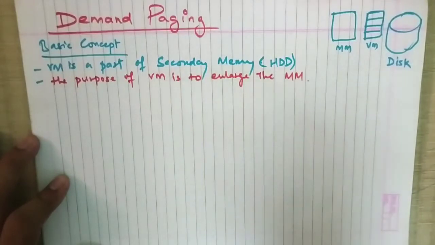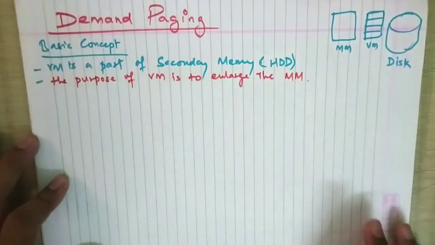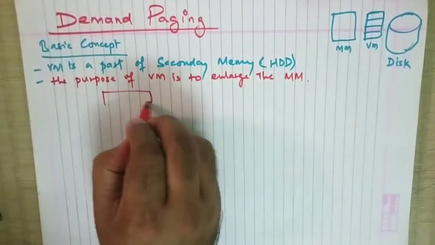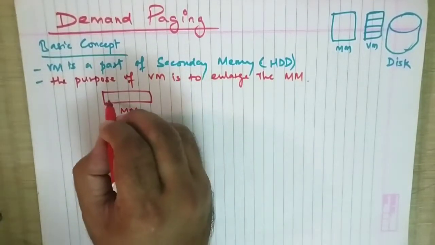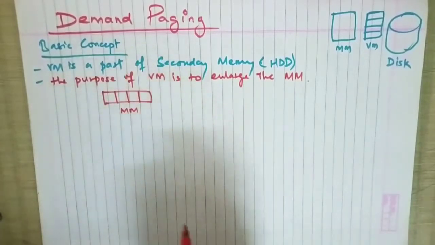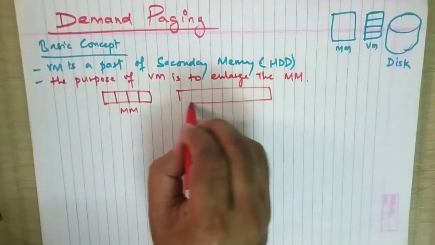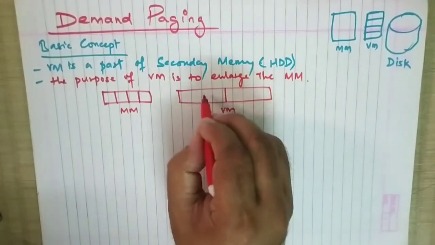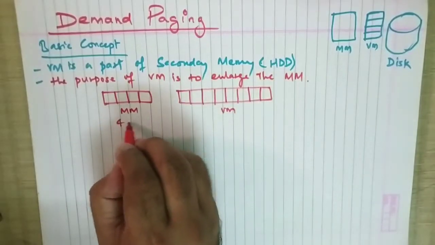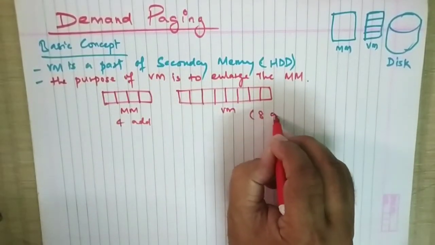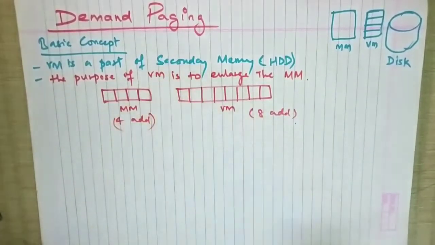For example, virtual memory might contain twice as many addresses as the main memory. Say this main memory has 4 address spaces, and the virtual memory we have divided into 8 address spaces. So the virtual memory contains twice as many addresses as the main memory.